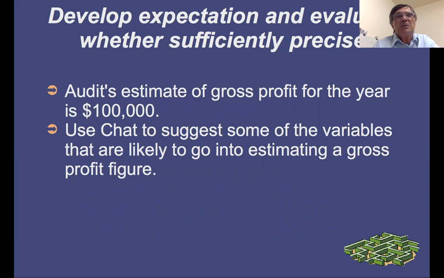We've got $500,000 of sales. We expect gross profit to be 20%. We've got $100,000. So how precise is that? What's going to affect the precision of our estimate? And please use chat for that. You haven't been able to prepare this one in advance, so it will probably take a while.